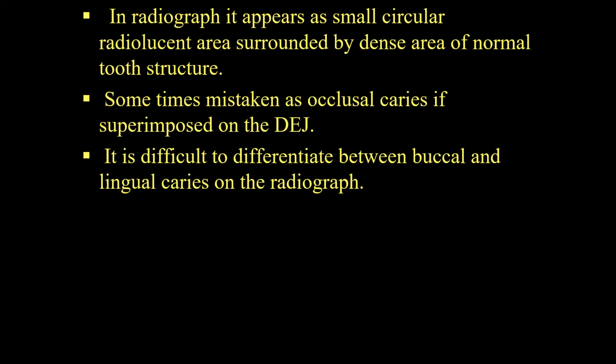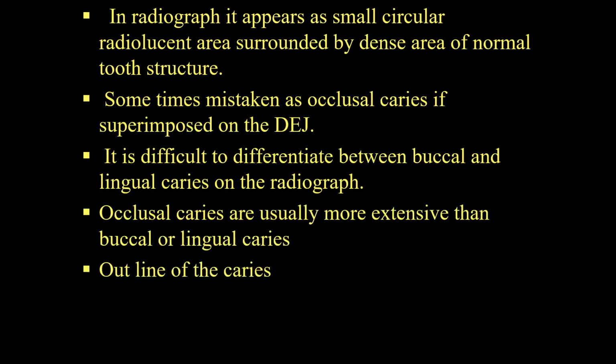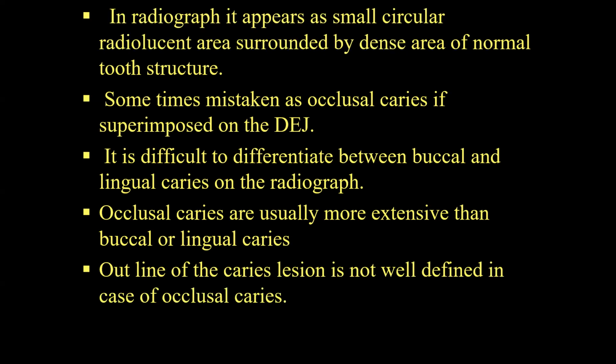So it is very difficult to differentiate a buccal or lingual caries on a radiograph. How can we differentiate it? Usually the occlusal caries is more extensive than a buccal or lingual caries, and the outline of the occlusal caries will not be well defined, whereas the outline of the buccal or lingual caries will be well defined. It will usually be round, elliptical or semilunar in shape.